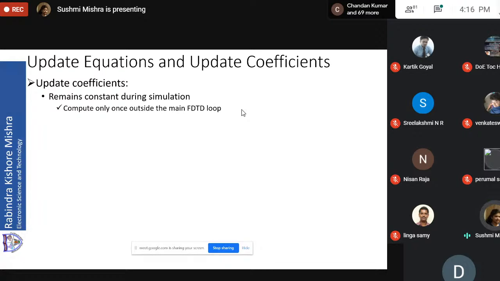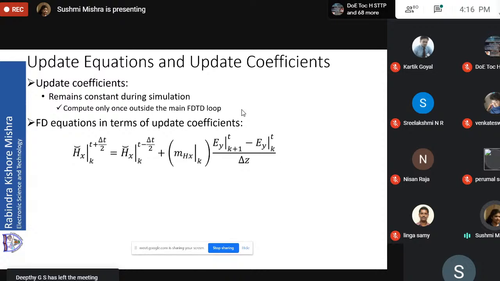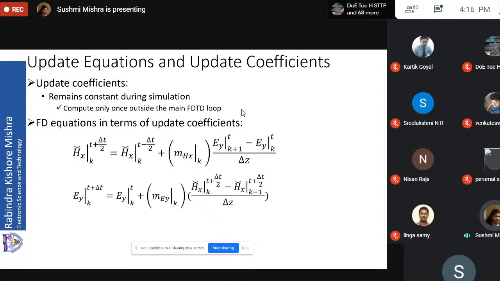Compute them only once at the beginning of your program and keep them for use in the MATLAB FDTD.